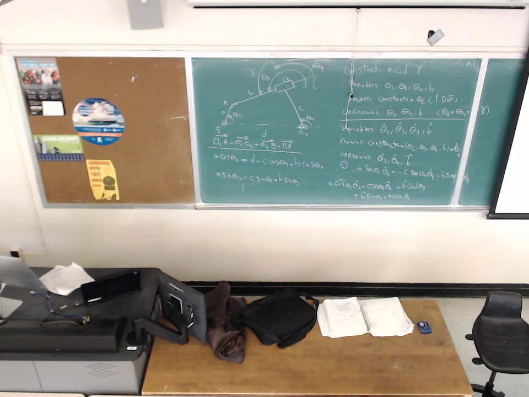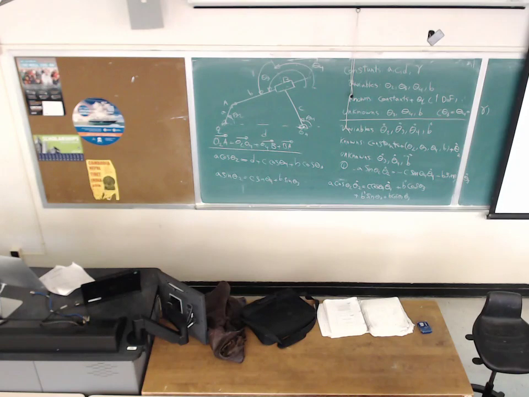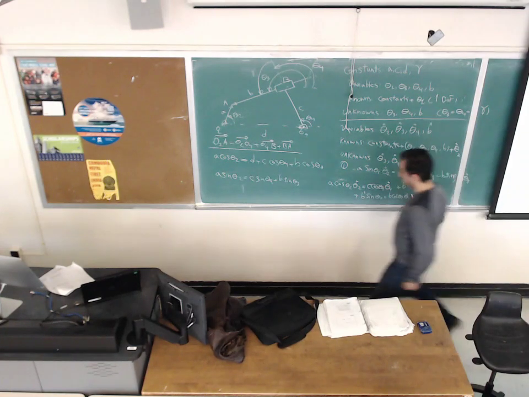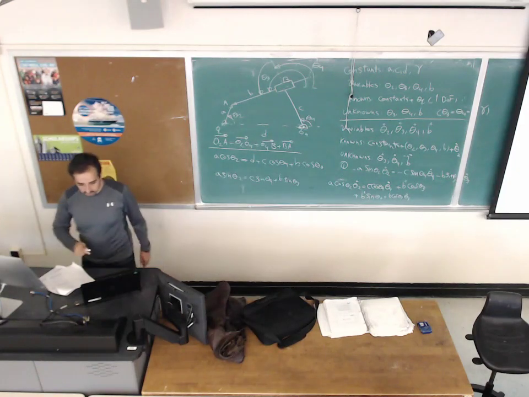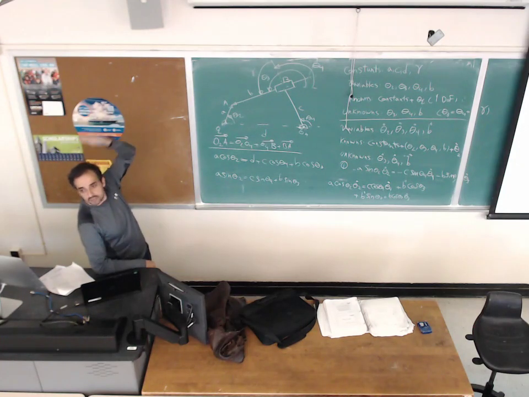Right side, this term, b dot cosine of theta 3 minus b theta dot 3. And in the second equation you can see a theta dot 2, or a omega 2, cosine of theta 2, c theta dot 4 cosine of theta 4, plus these two terms. Good? Any question on this?